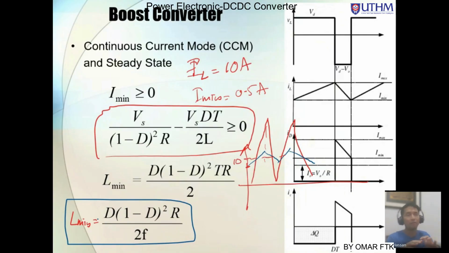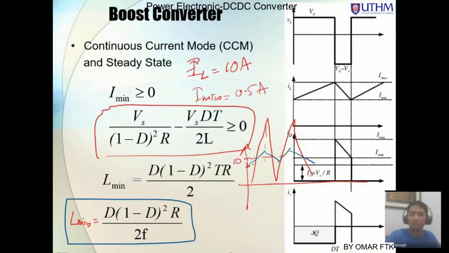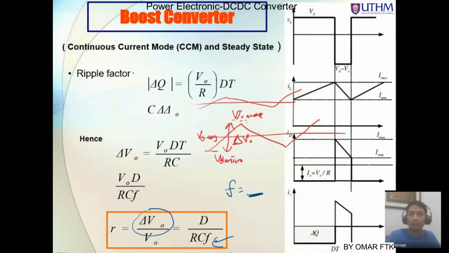So whenever you design the boost converter, start with the specification and then find the value of duty cycle, inductor current, and then the maximum ripple for the current, Imin and Imax, and from Imin you can determine your Lmin.